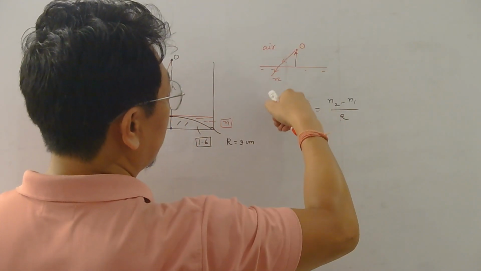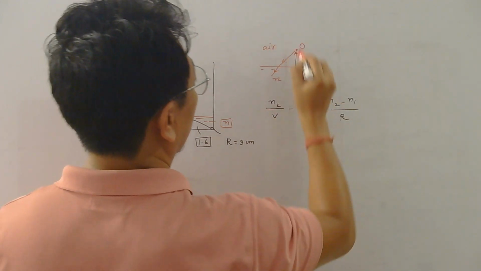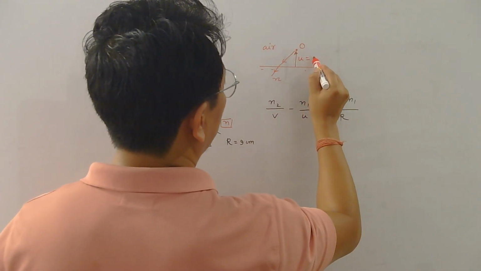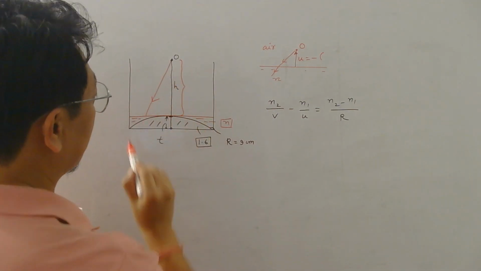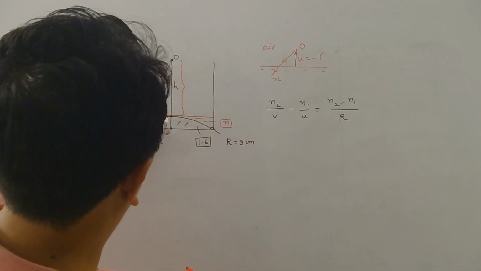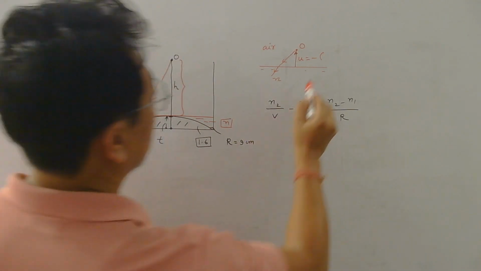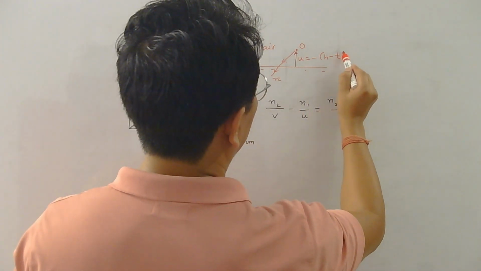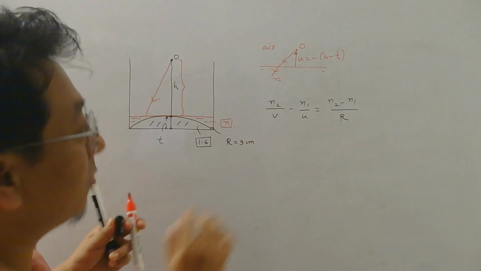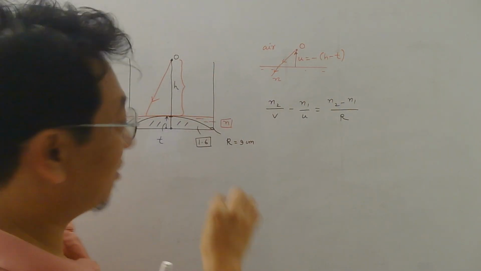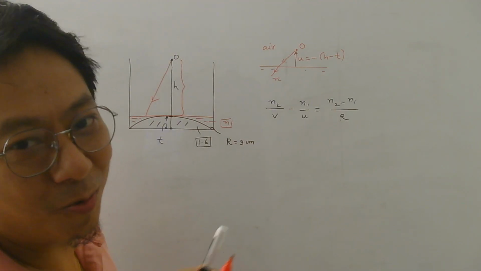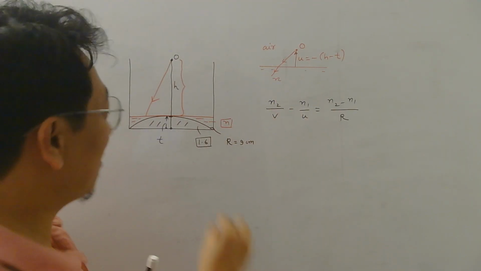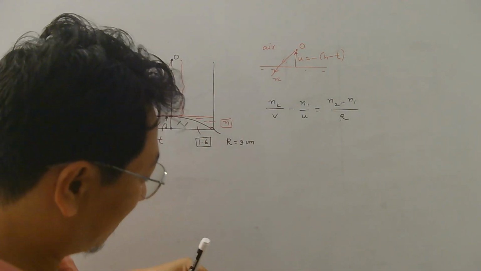Light is coming this way, but you are going this way, so object distance will be negative. How much? Minus, this will be the object distance. From here to here is h, this is t. So it will be h minus t. In this problem, you can take it as h itself because this t is obviously negligible. But I'm just wondering how the answer will come if this is t.